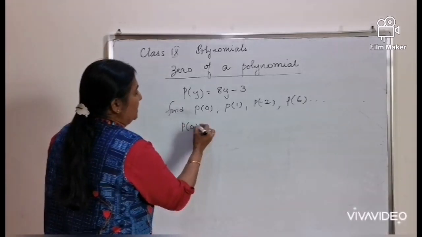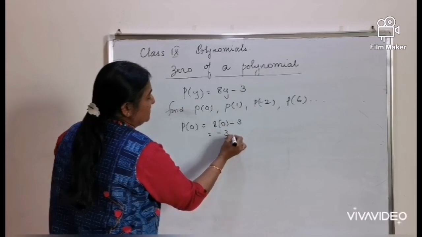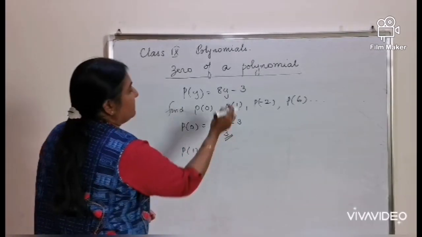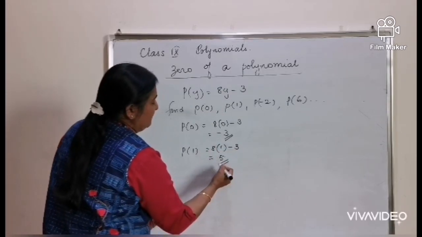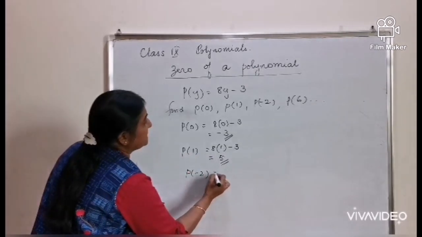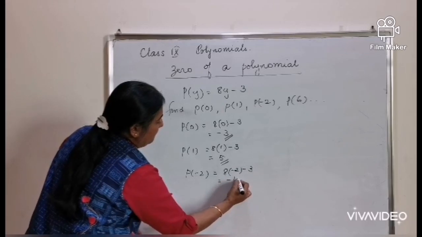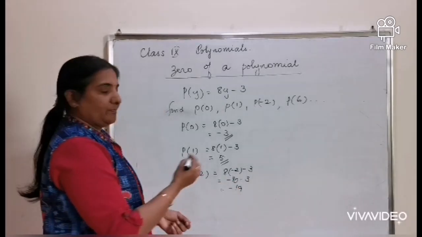P of 0 is equal to 8 into 0 minus 3. Answer is minus 3. P of 1, 8 into 1 minus 3, 8 minus 3, 5. P of minus 2 is the same as 8 into minus 2 minus 3, minus 16 minus 3 is minus 19.